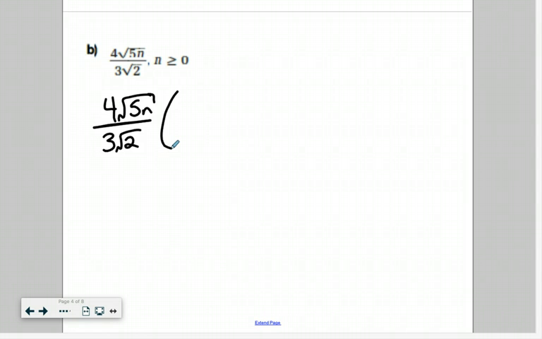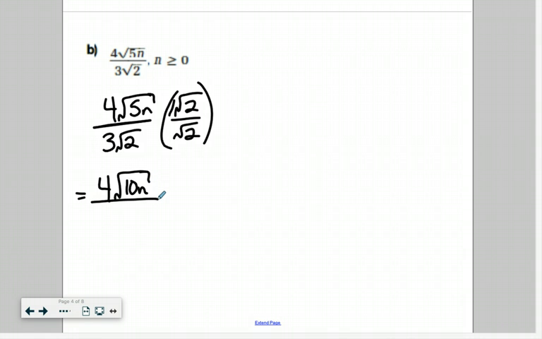So we want to get rid of that root 2, so if we multiply both top and bottom by root 2, we can just multiply fractions here. So 4 root 5n times root 2, so again, whole numbers being multiplied together, so it's like 4 times essentially 1 here, which is 4, and then root 5n times root 2 is root 10n. And then in the denominator, same type of thing, it's 3 times essentially 1.